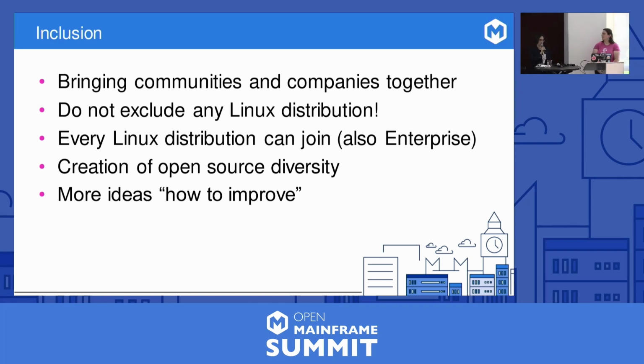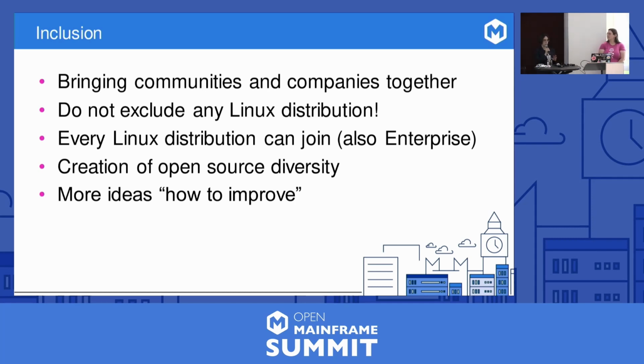With that, we come to the topic of inclusion. We bring the communities and the companies together. We have enterprise distributions available, we have community distributions available, and we have the architecture company IBM available. So we do not exclude any Linux distribution. Everybody is welcome.